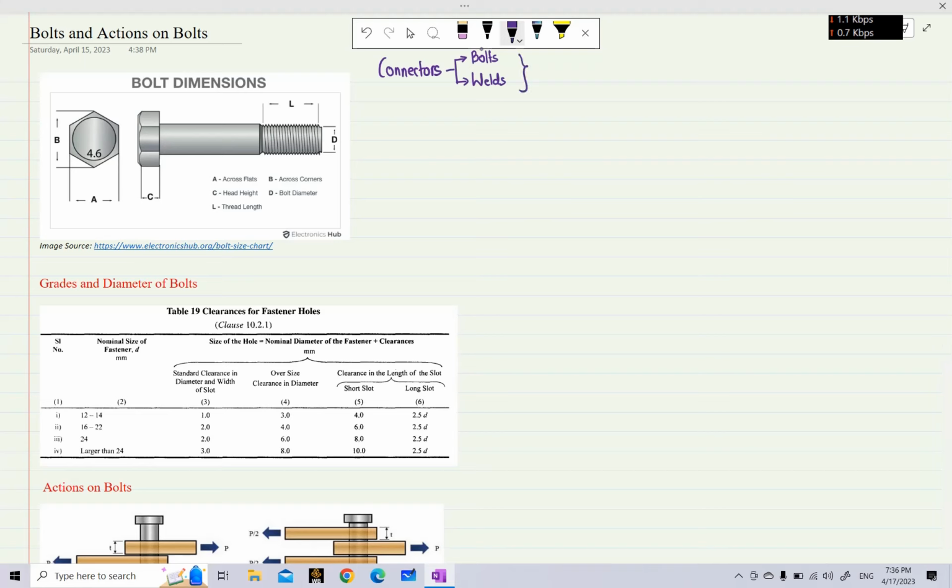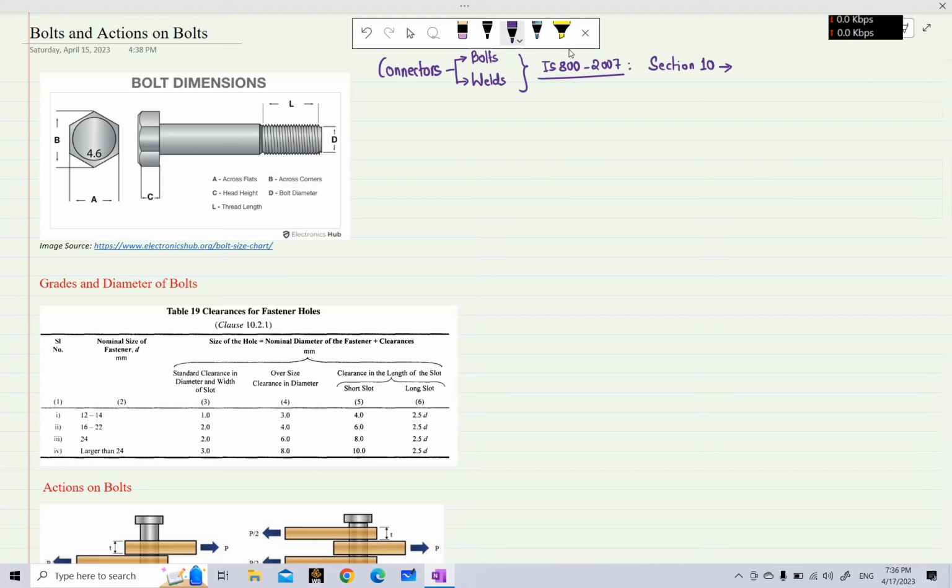If we talk about the Indian code dealing with design of steel structures, it is IS 800:2007, and in this IS code Section 10 deals with the design of connections in general.